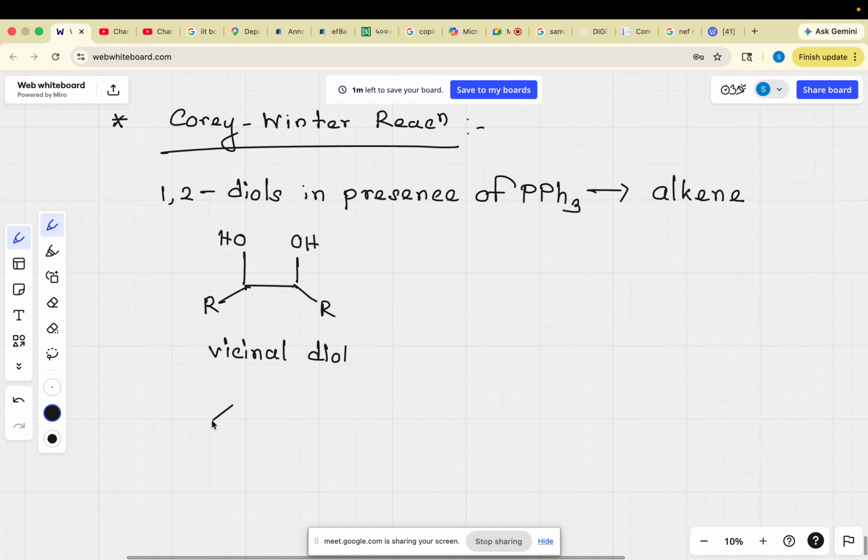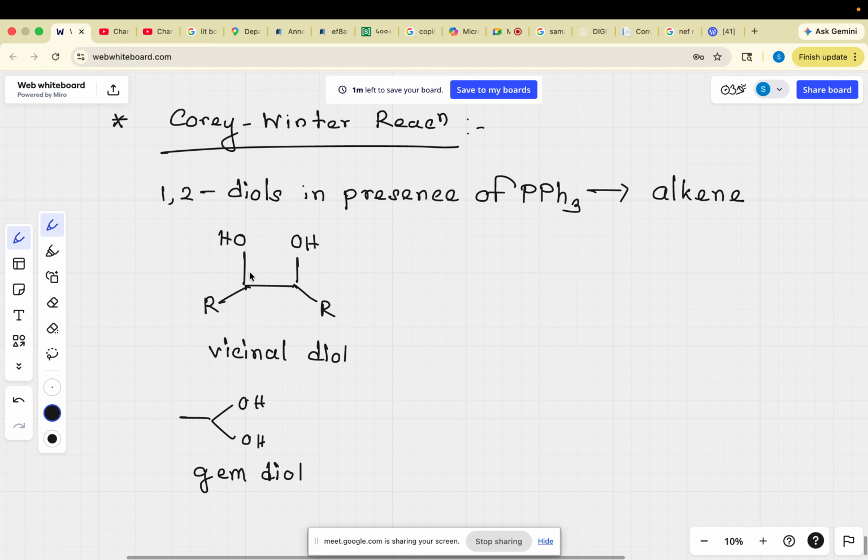And suppose two alcohol groups come from only one carbon atom, then it becomes a gem diol. So that is the basic difference: gem diol means both OH groups are attached to a single carbon atom, and vicinal diol means the OH groups are attached to different, adjacent carbon atoms.